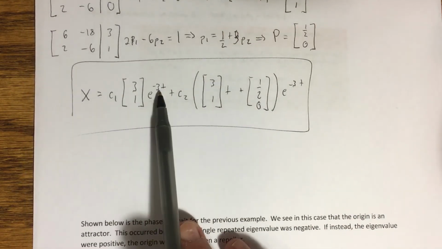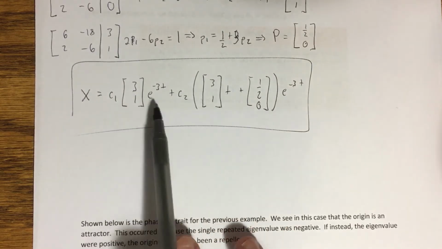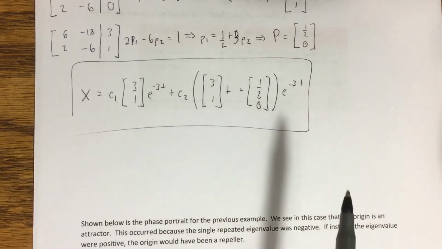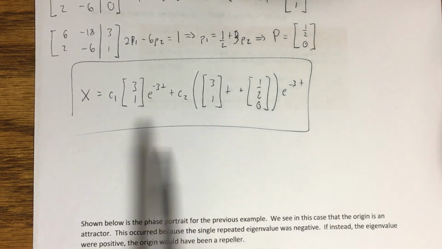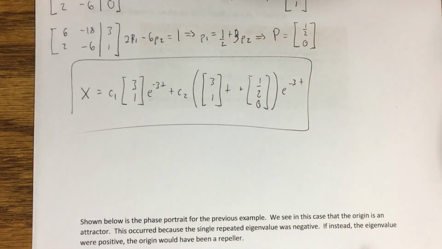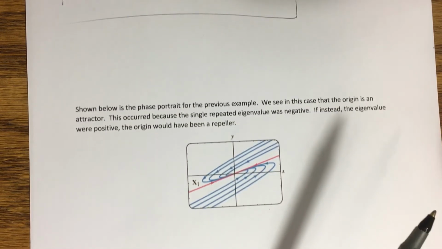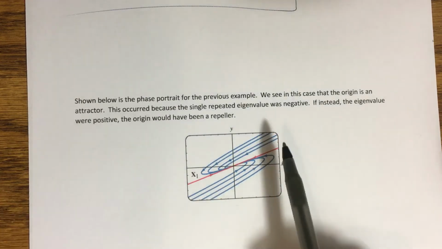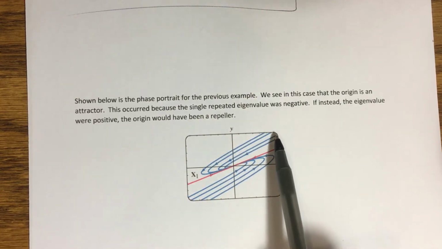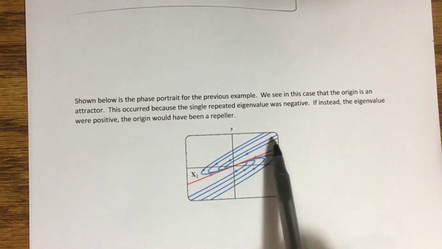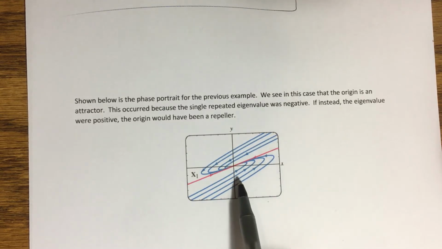We go to our solution, plug in different values for the parameters c1 and c2, and graph the curves that correspond to those parametric equations represented by that vector. And you get a bunch of these curves that you're seeing here in blue.